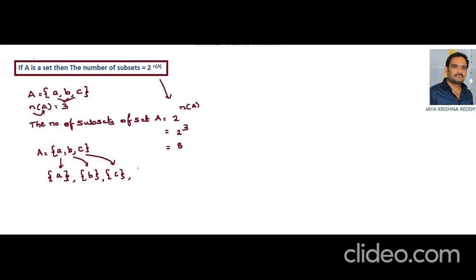Here 3 subsets are over. Next, write two elements as a subset: {a, b}, one more subset {b, c}, and another subset {a, c}. Now these are the subsets with 2 elements from set A. Now write the 3 elements: {a, b, c}.